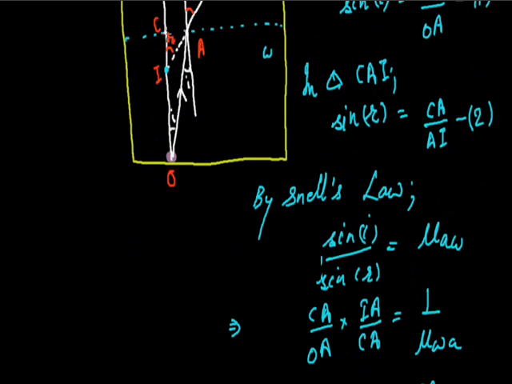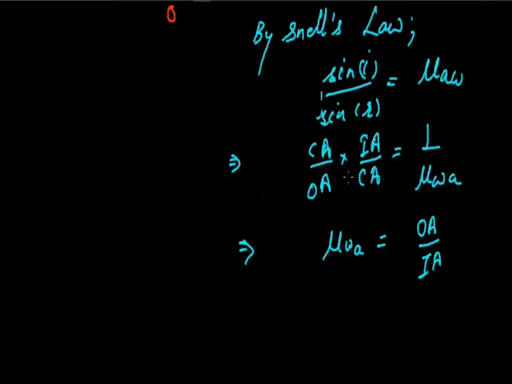OA is equivalent to OC and AI is equivalent to AC. So applying the assumption that C is very close to A, OA is equivalent to OC and OI is equivalent to IC.